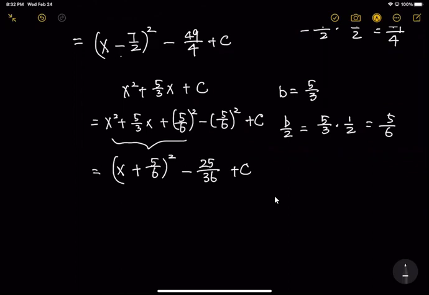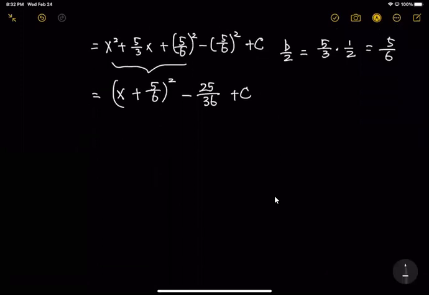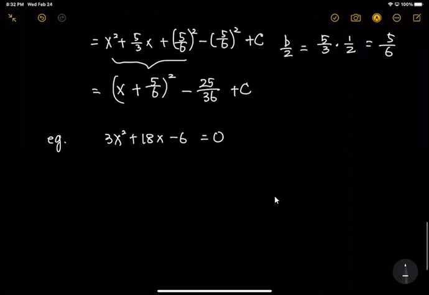Okay, now let's use it in an application. How do we solve the quadratic equation? We have 3x squared plus 18x minus 6 equals 0. Okay, so wait a minute. Our x squared coefficient is not equal to 1. What should we do now?